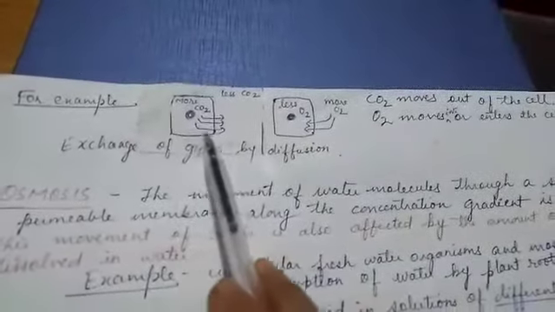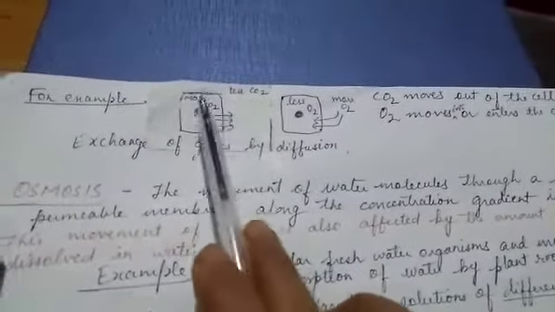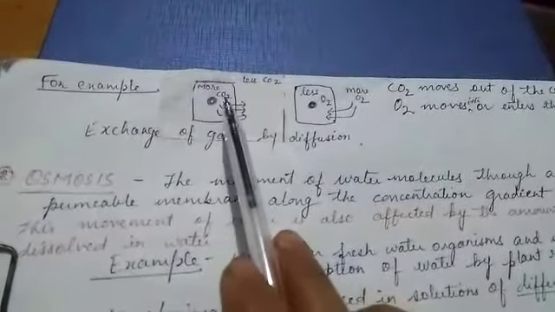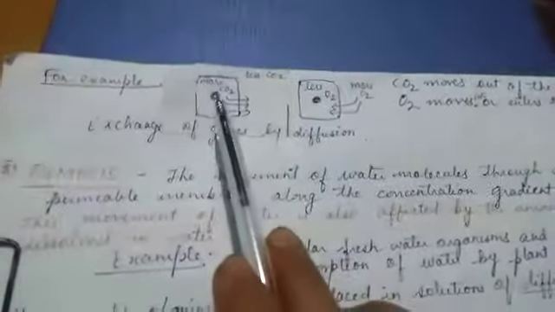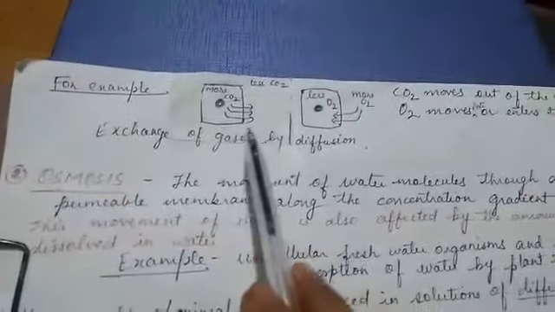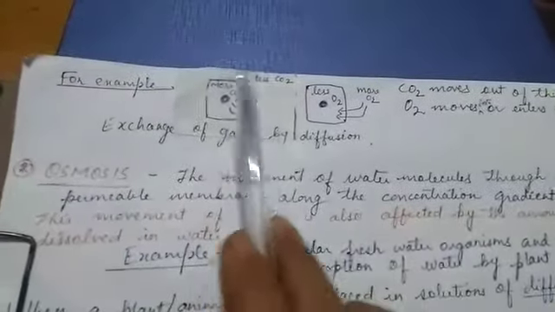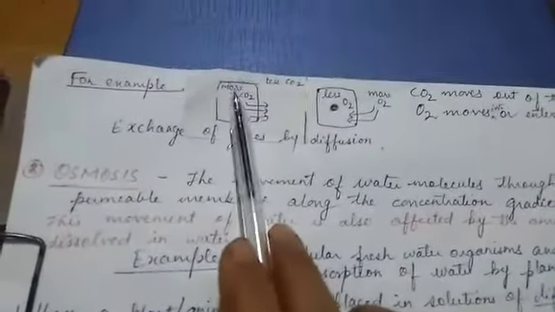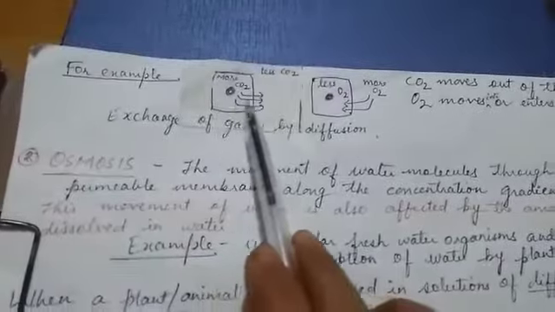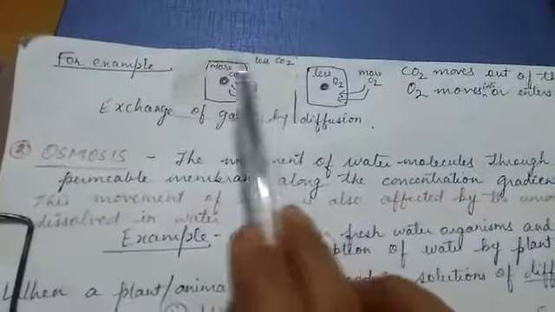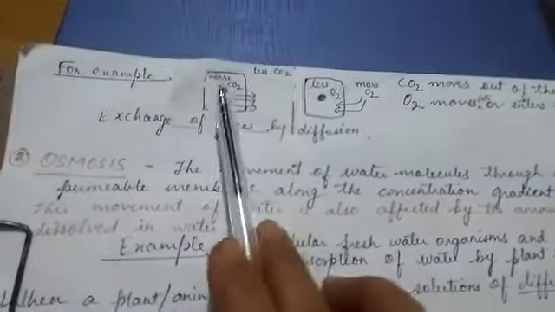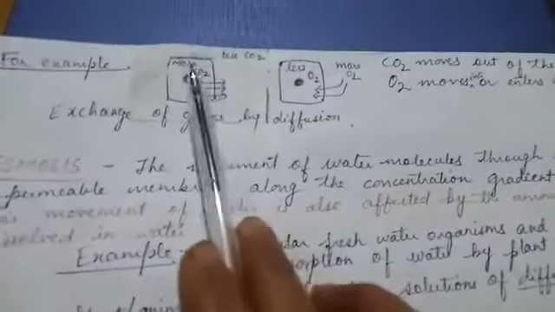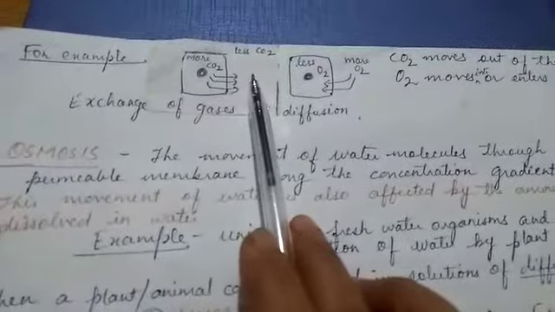As a cellular waste, when carbon dioxide content increases inside the cell and the outside environment of the cell contains a lower concentration, carbon dioxide moves from higher concentration to lower concentration. So it leads to the exit of carbon dioxide.